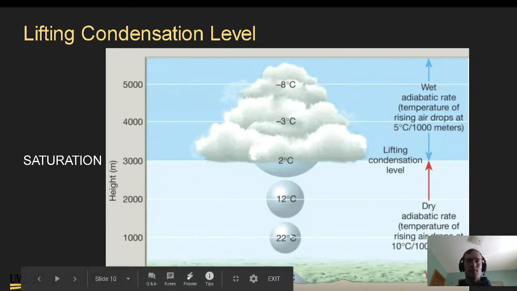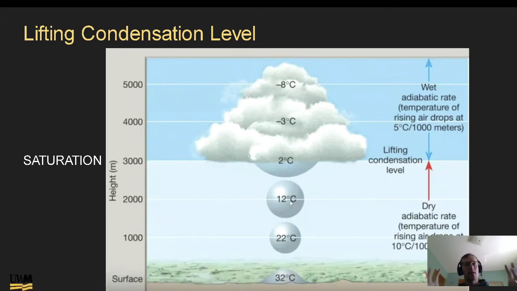Now say this parcel continues to rise up to 2,000 meters in height. It expands a little bit more, and thus it cools. It's still not completely saturated with water, so it cools at 10 degrees C per 1,000 meters, and our parcel cools to 12 degrees. Now we do this again. It rises another 1,000 meters to 3,000, and it gets down to 2 degrees C.